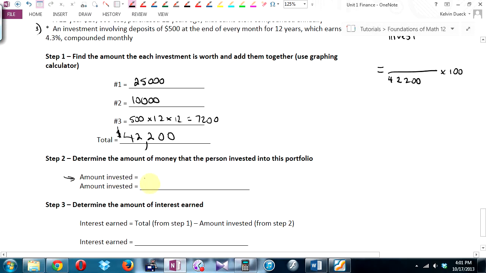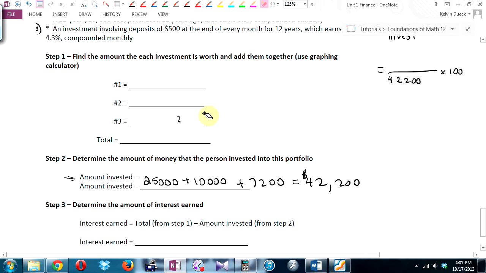This is where he wanted me to go 25,000 plus 10,000 plus 7,200. That's the amount invested. You know how come I know that? It says determine the amount of money that the person invested. What does it want here? I didn't read the instructions carefully. Find the amount that each investment is worth. That's A, the total, the final value.